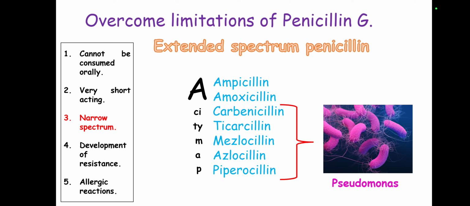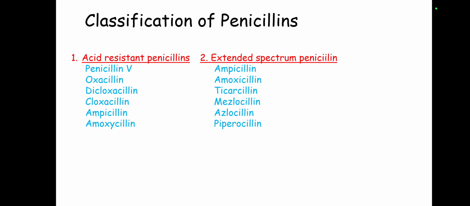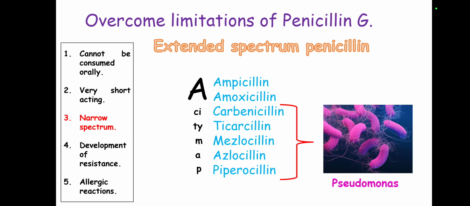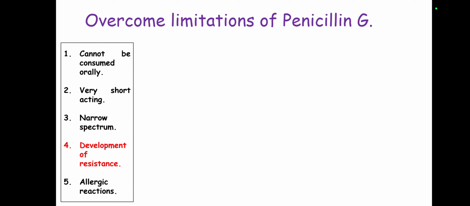They are only effective against gram-positive and some gram-negative organisms, basically the cocci. But the rest of the 5 drugs, the CT MAP drugs, are effective against Pseudomonas also. So this is how we can solve this problem of narrow spectrum. These are the second class of penicillins. Okay. Now coming to the fourth problem, that is development of resistance.